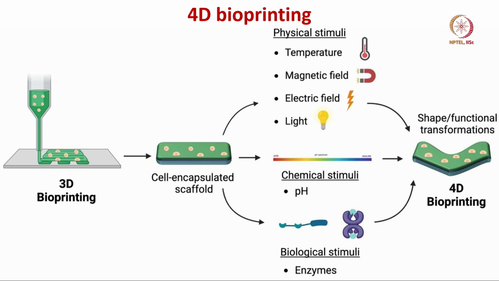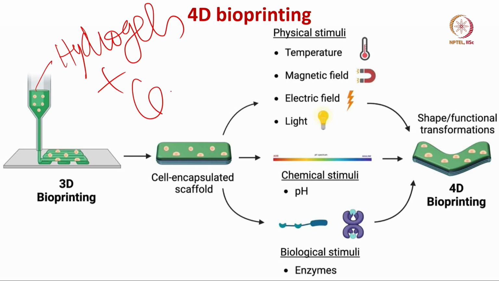I mentioned at the beginning of this lecture that I will also be showing you some slides related to 4D bioprinting, which has been described with some details. Here you can see a little bit more details. So, you get 3D hydrogels, you essentially print hydrogels plus cells, right, in 3D bioprinting.